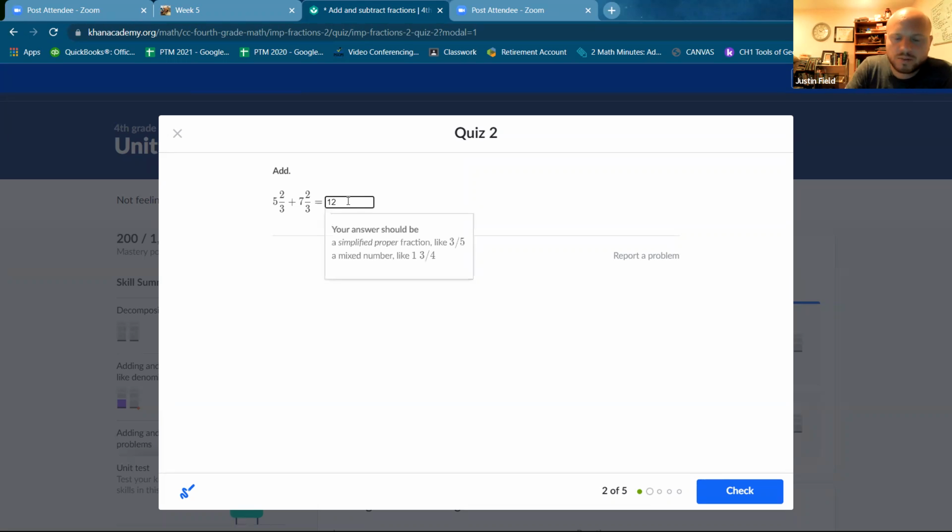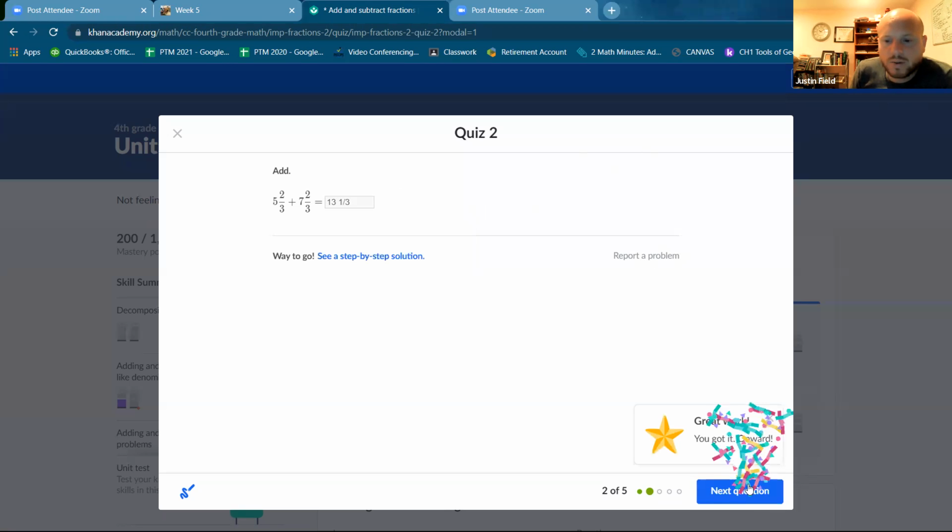But that's weird because 4/3 is an improper fraction. So I don't really like it. I think it should be simplified. So 4/3 has a 1 whole in it, right? So that's 13. And then what would be left over but 1 extra third, right? Did you know that? So that'd be 13 and 1/3.